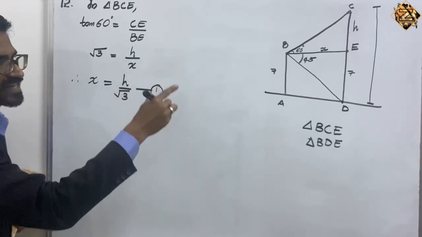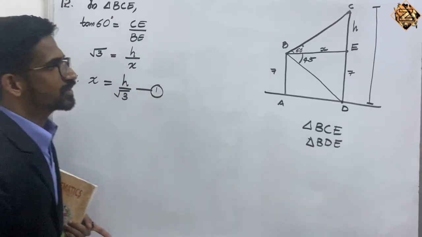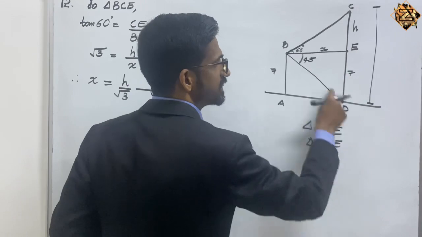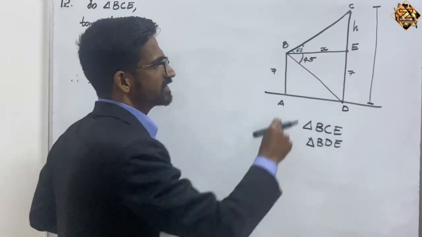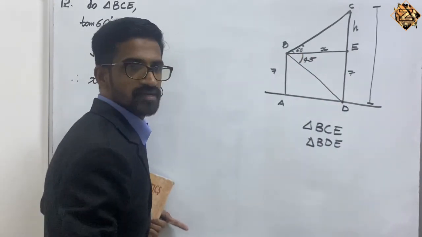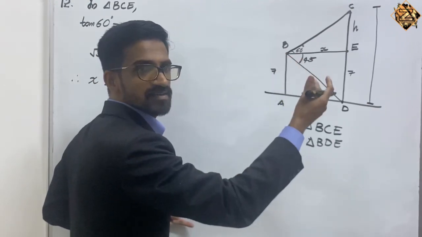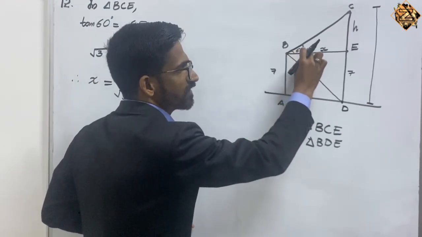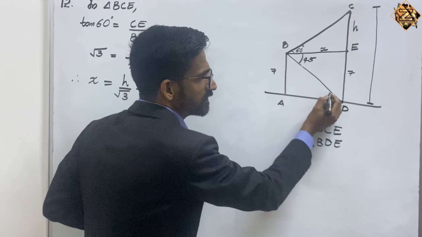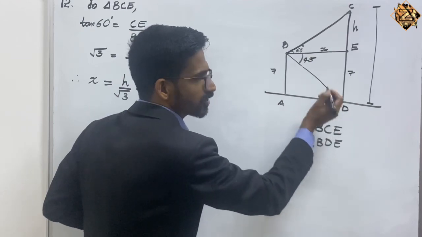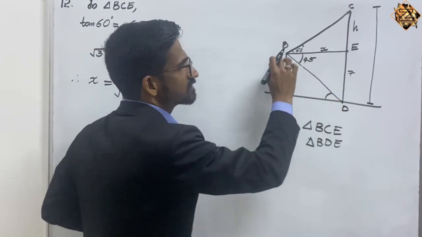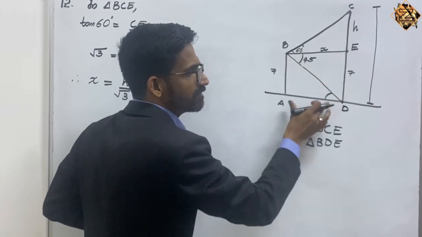Now when we look into the second triangle, that is BED, keep in your mind, here it is given angle of depression, and it is 45 degree. So the same angle will be formed here also, since the side BE will be parallel to AD.